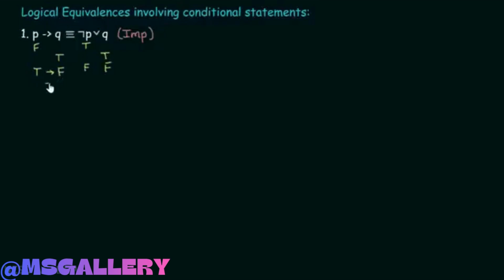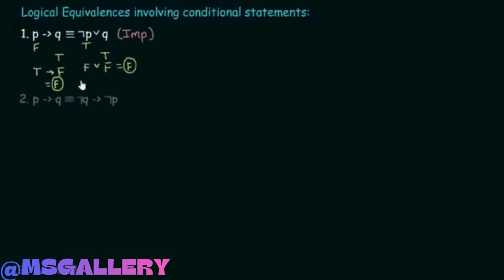True implies false is always false in case of implication. And here also false or false is false. Again, both of them are equivalent. When this is true, then this is also true. When this is false, then this is also false. And hence P implies Q is equivalent to not P or Q, right? And it is hence proved.